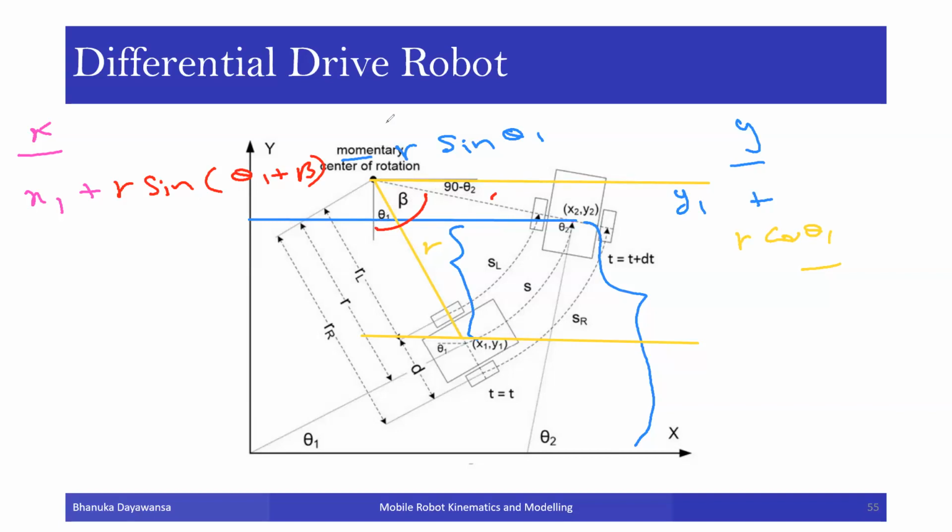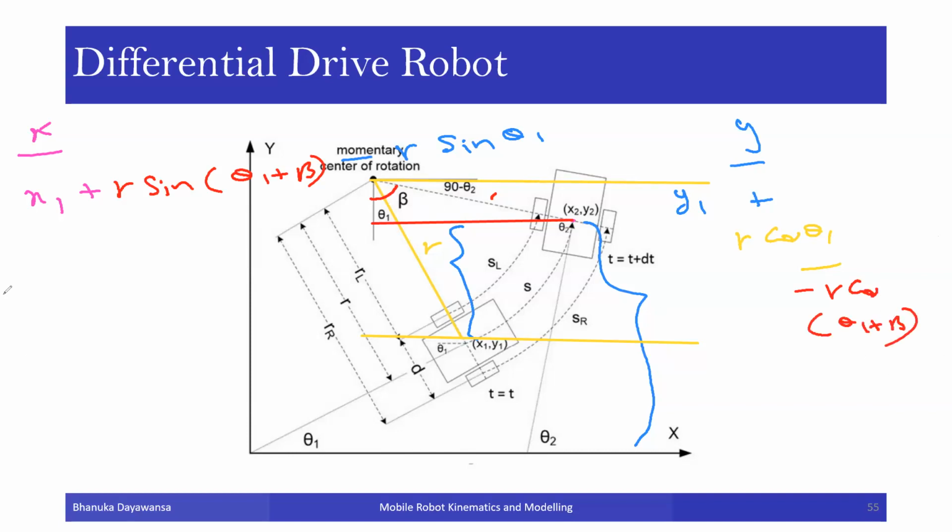This line has to move a bit down, probably might be confusing, to show the situation that we want. So if you get this one, that's what we want. So this is simply r cos θ1 minus r cos(θ1 plus β).